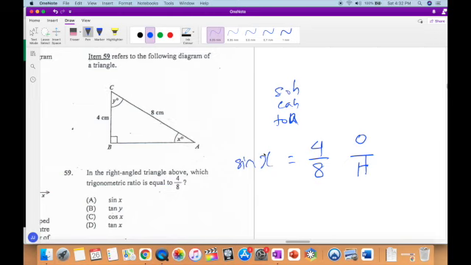And if we were dealing from the y perspective, 4 over 8 would be adjacent over hypotenuse. So that would be the cos of y, but it doesn't have the cos of y here. So obviously the answer is sine of x.